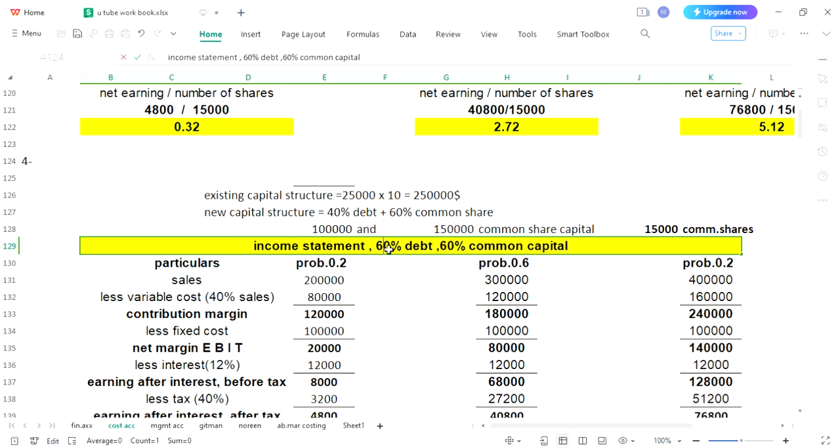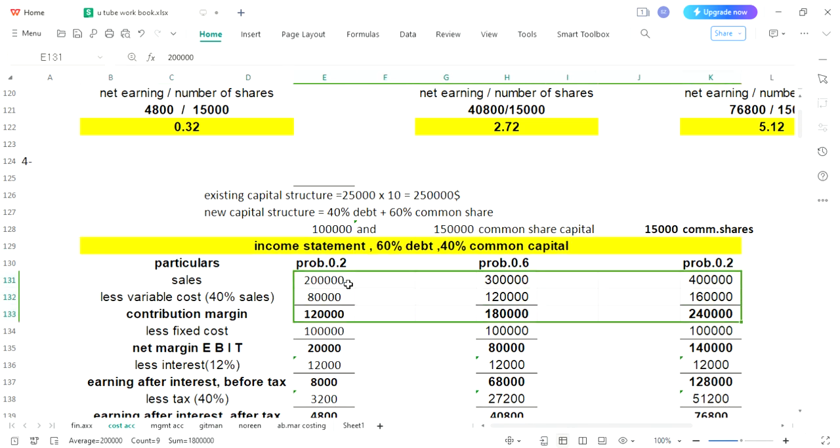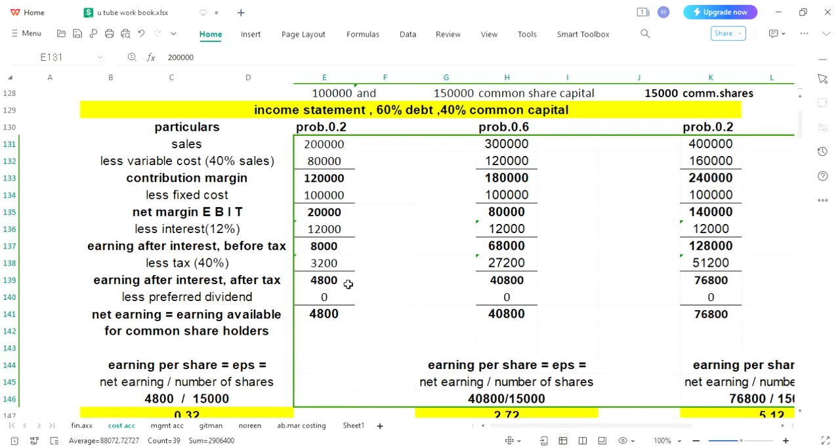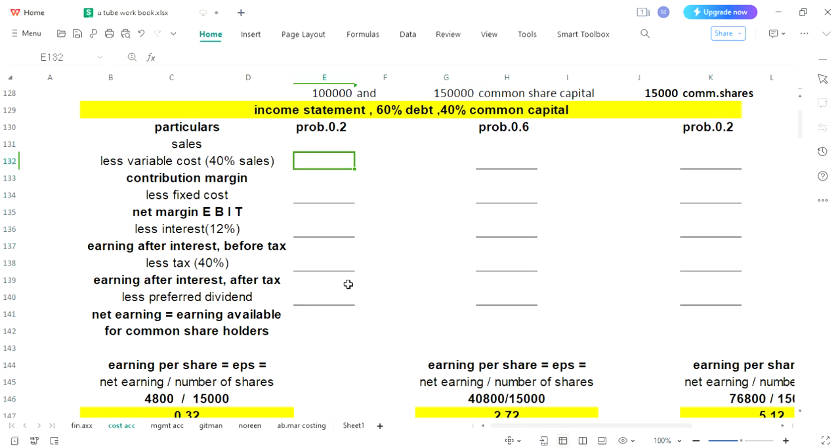Obviously, if 60% of the total capital structure is debt, the remaining 40% would be common capital, and these requirements are not needed. We can erase them, after which we will calculate our earning per share.